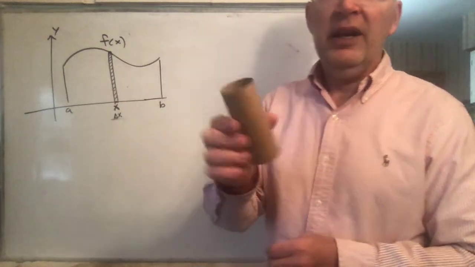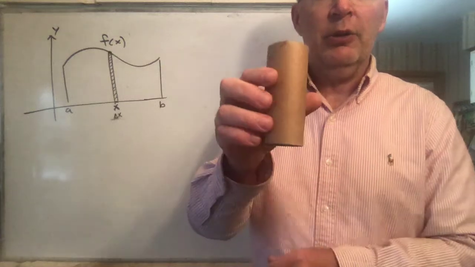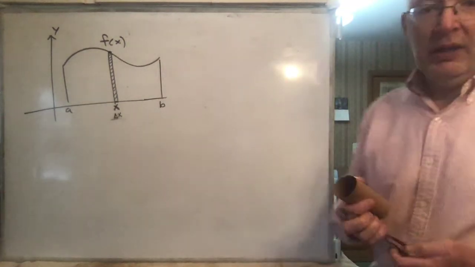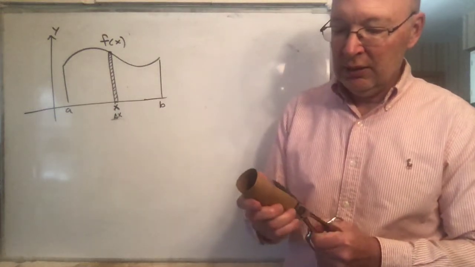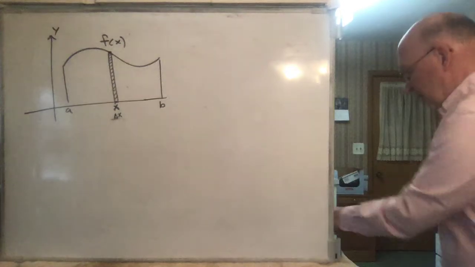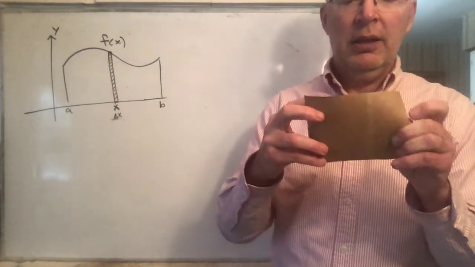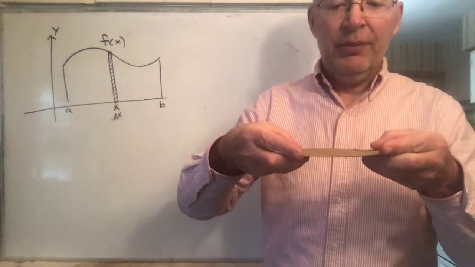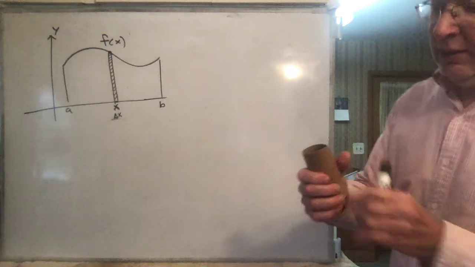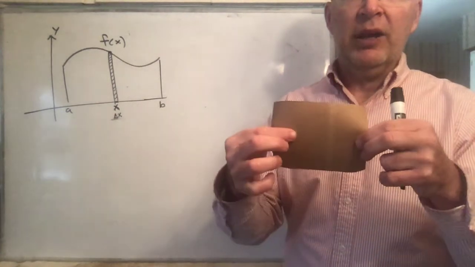So if I wanted to find out what's the volume of this piece of paper right here, which is in the shape of a cylinder, maybe the easiest way to do it is just to cut it and form a rectangle out of it, a solid rectangle, and it has some thickness to it, and then realize that the volume of this thing is going to be, first of all, the height of this rectangle.